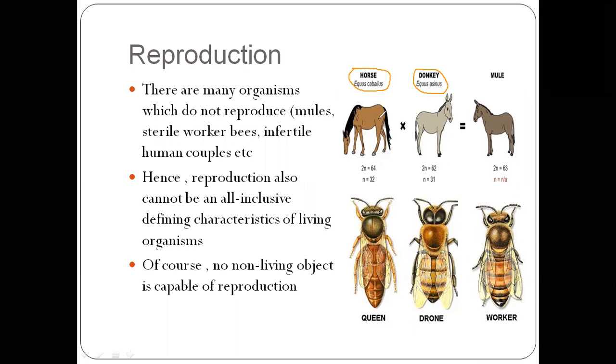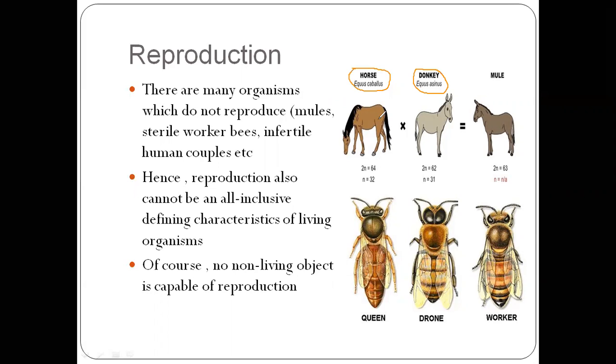When we make a cross between these two animals, we get a mule. A mule is a sterile individual. So they will not be able to carry out any further fertilization, and production of offspring is not seen.